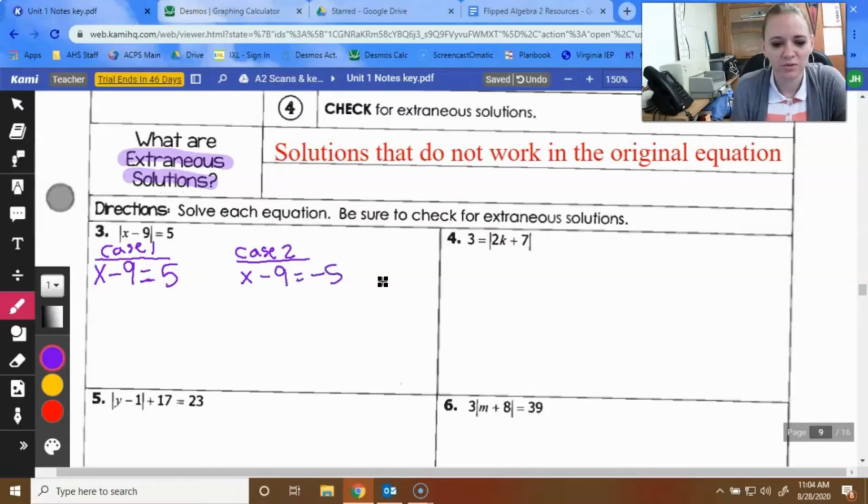Some people put the negative in front of the x minus 9, but I'm used to saying this can be positive or it can be negative, so that's how I do it. It really doesn't matter. Okay, now we're going to solve for each of these. So add 9 to this side.